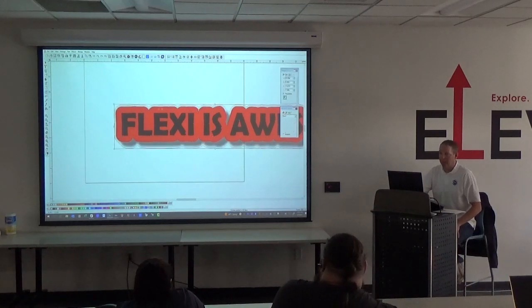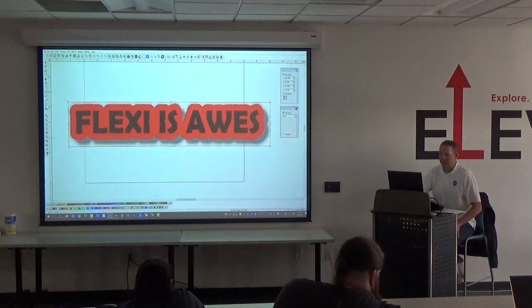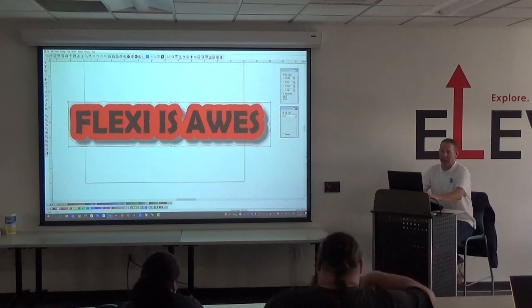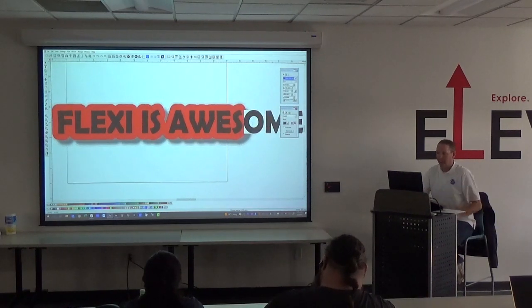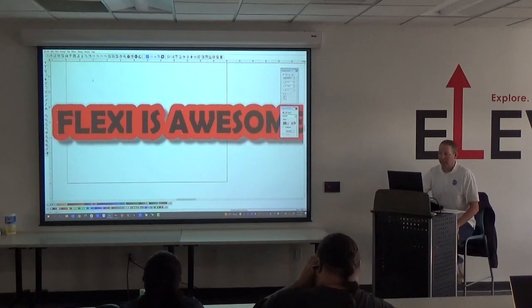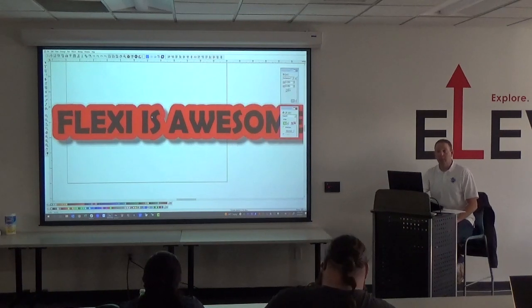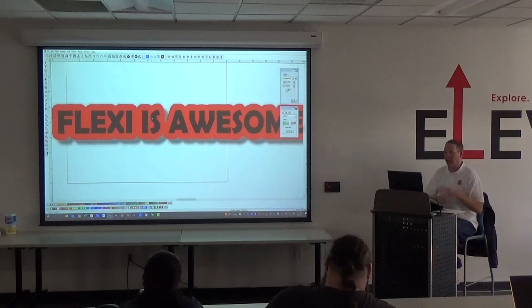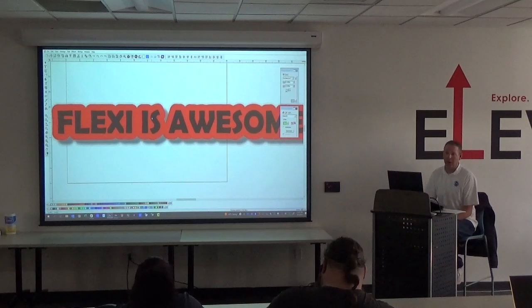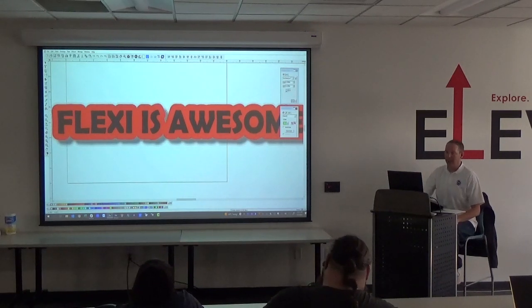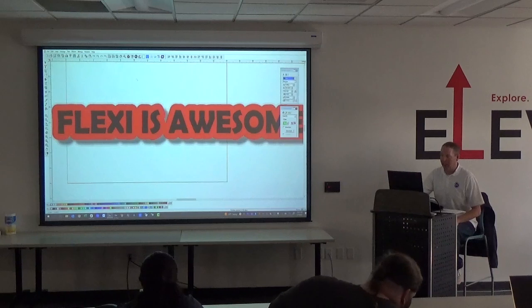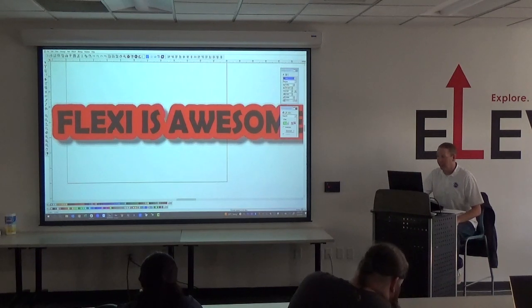But if I go back to my text, there we go. So I forgot the end here. So if we type that in there, it applies the outline, the drop shadow, the cut contour, and everything to there. Most of the time you don't forget to put something in there. Most of the time you maybe spelled something wrong or did something, so you're going to go in there and get rid of that.